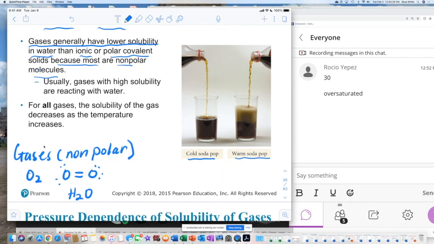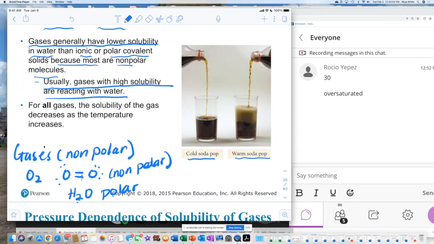So if that's the case, how are we alive then? I mean, right? How is this nonpolar gas dissolving in our blood that's mostly polar? What's the secret? Pressure. Usually gases with high solubilities are reacting with water, but oxygen cannot react with water because it's nonpolar. Nonpolar and polar can't even dissolve in each other naturally.